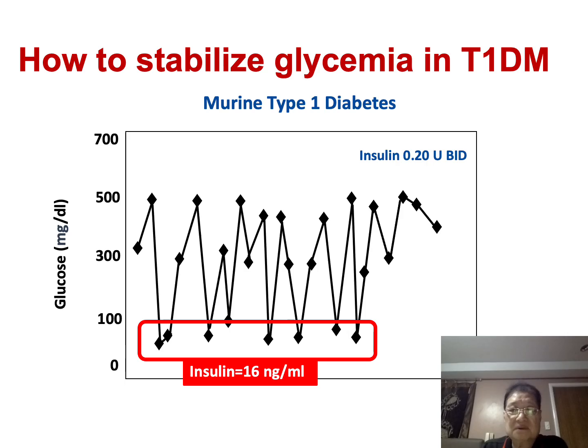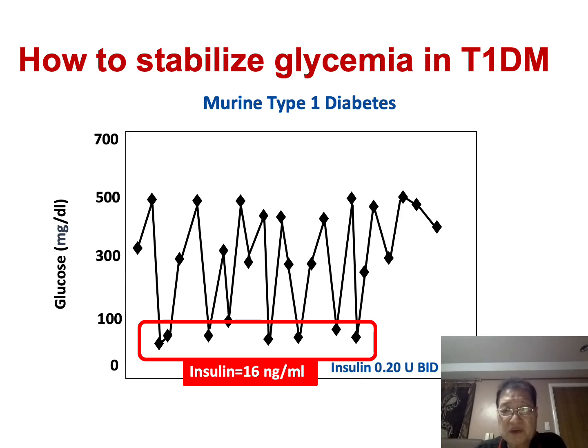Now, how to stabilize glycemia in type 1 DM? This is how Professor Unger proposed to stabilize the glycemia of type 1 DM. Say you have this glucose volatility pattern, then you want to reduce the hypoglycemic episodes by reducing exogenous insulin to 0.2 units twice a day, and this is in the level of mice dose.